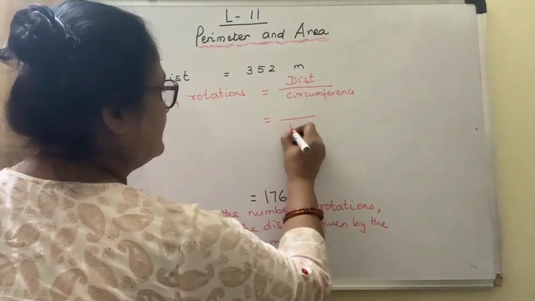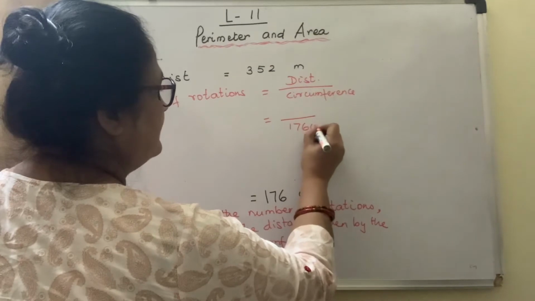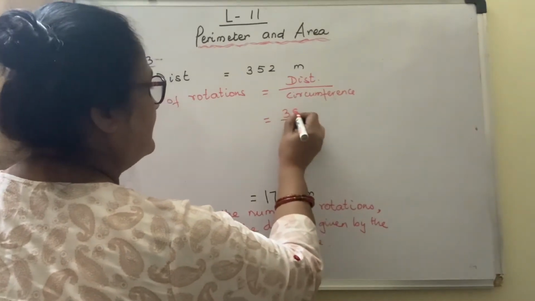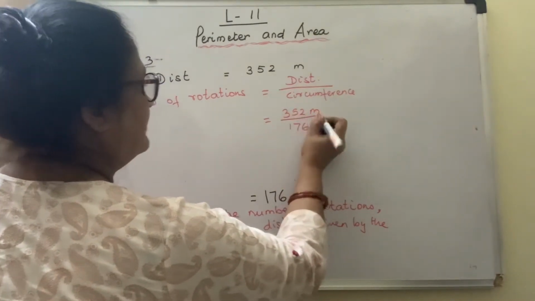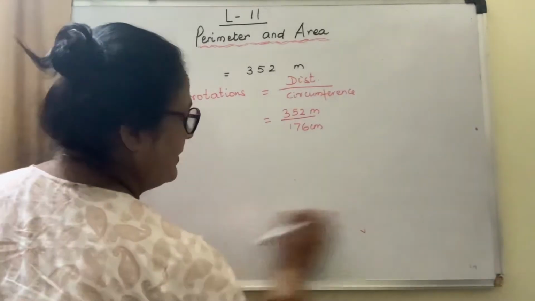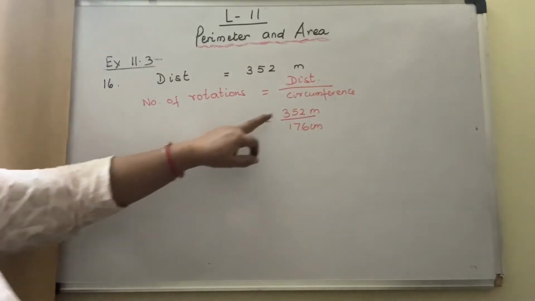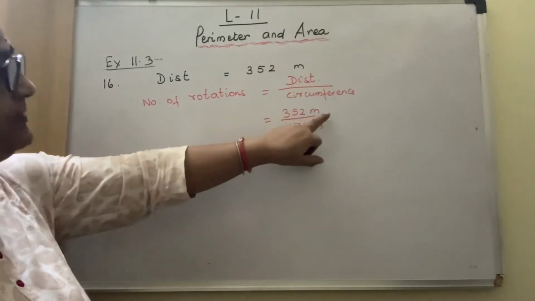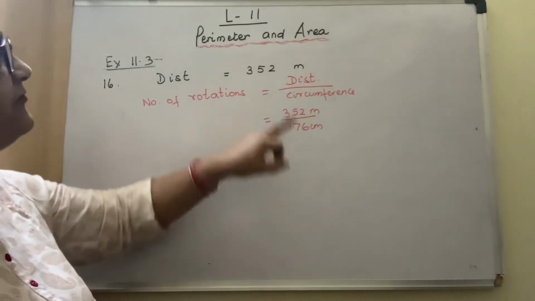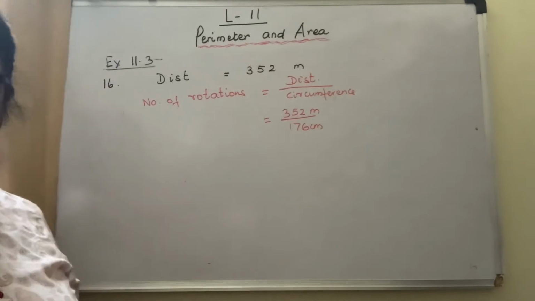First write this down. Right. What do we have? Distance is 352 meters, whereas circumference is 176 centimeters.